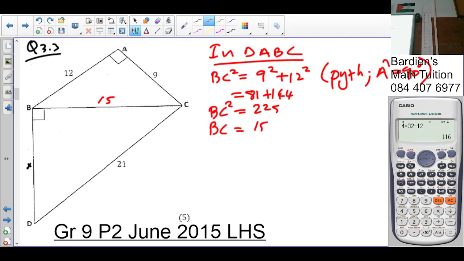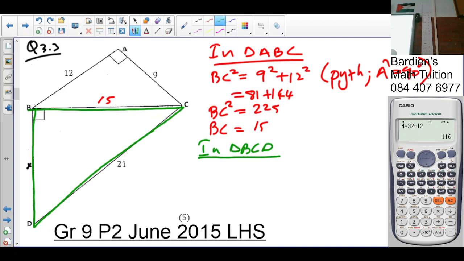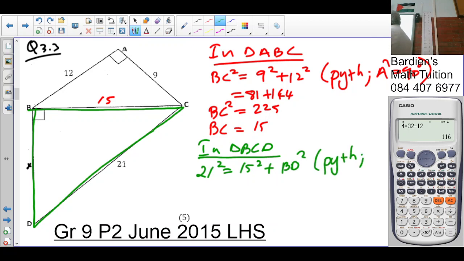You all agree with that? Any confusion? Yes, Michael? The reason, yes, you will definitely use more. Right, so in this triangle, now we can work it out. So we say in triangle BCD, what can we say? You can say that 21 squared is equal to 15 squared plus BD squared, or x squared, whatever. Why? Because of Pythagoras. Can I just say angle D? Safer for us to say DBC. DBC is equal to 90 degrees.